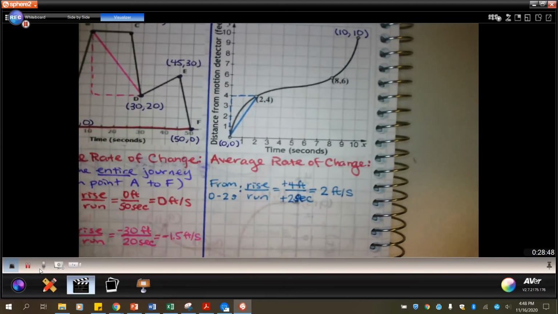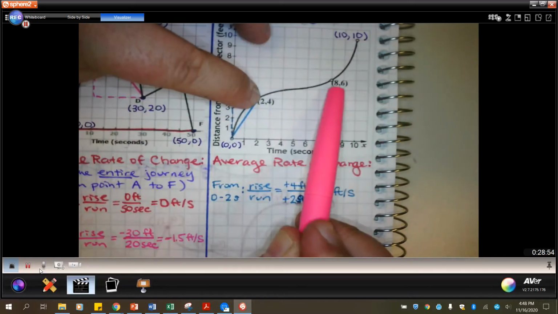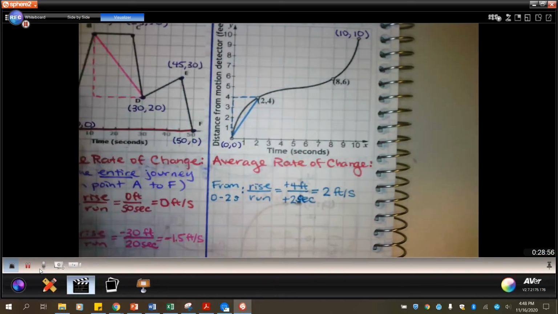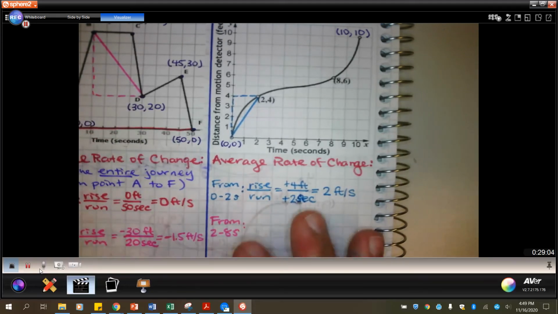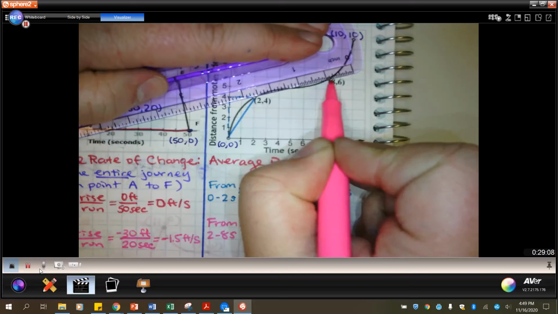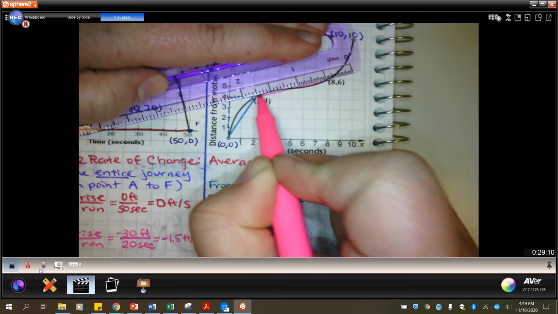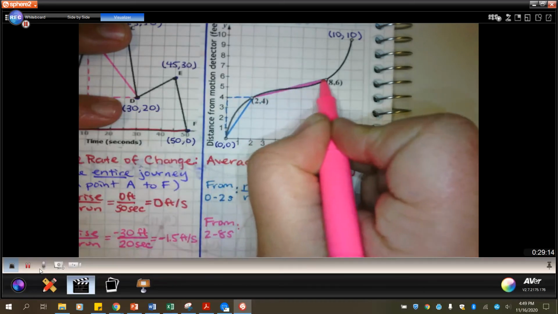But now let's do 2 seconds to 8 seconds, which is this span here. You can't really even see my line almost. There it is.